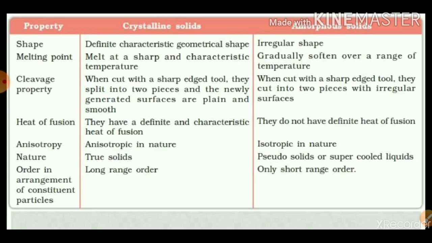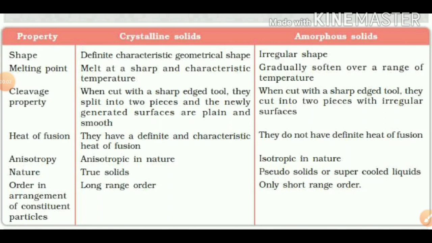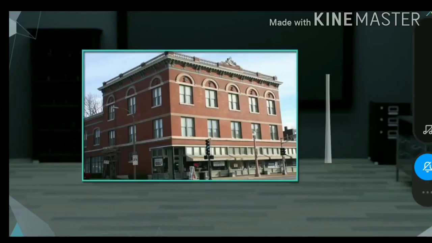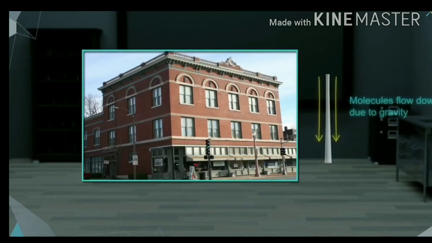Let me give you an example. You are all familiar with the glass of windows of old buildings. If observed, it is found that the glass at the bottom is thicker than the glass at the top. Why is it so? Because molecules of glass flow from top to bottom due to gravity.